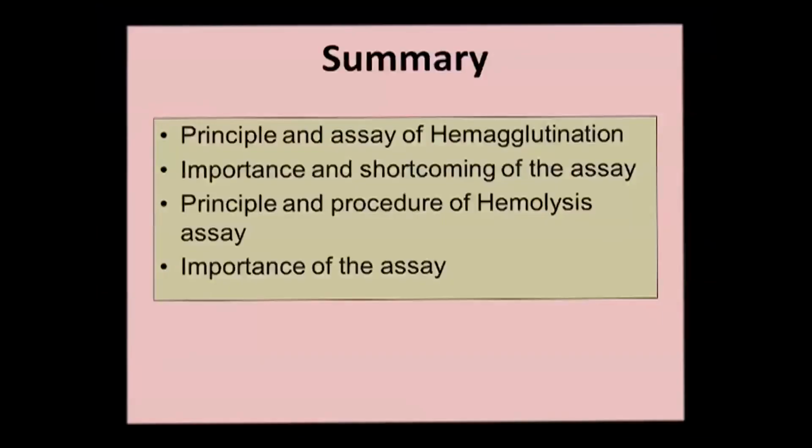To conclude, today we discussed the principle and procedure of the hemagglutination assay and hemolysis assay. The hemagglutination assay is very important because it gives us an idea about the hemagglutination-causing agents if present in a sample.